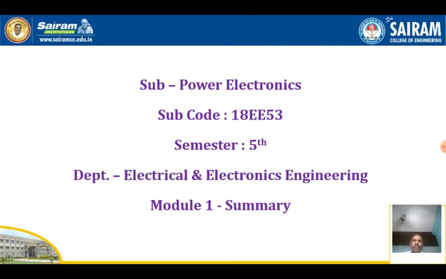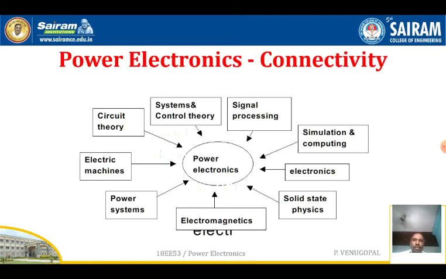The summary of module 1 covers all the topics we studied in this module. So let's start with the connectivity of power electronics. Power electronics is connected with circuit theory, systems and control theory, and also with signal processing, simulation and computing.